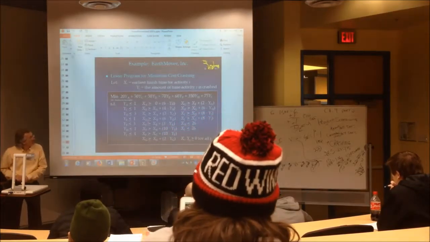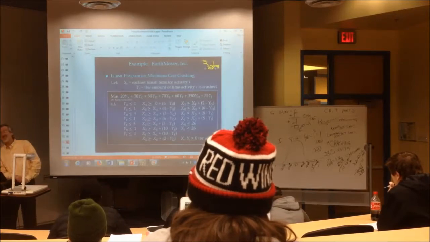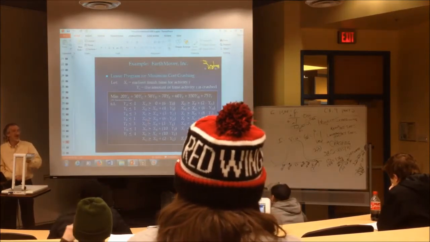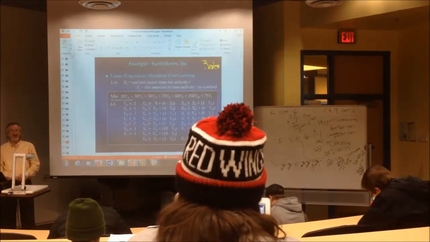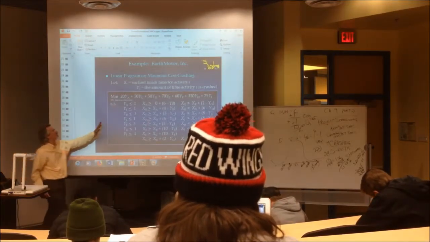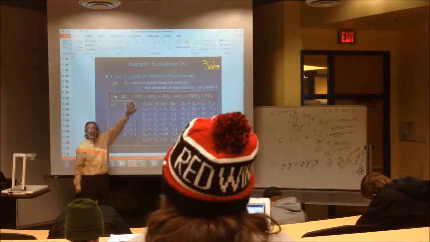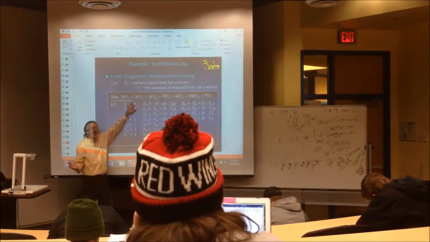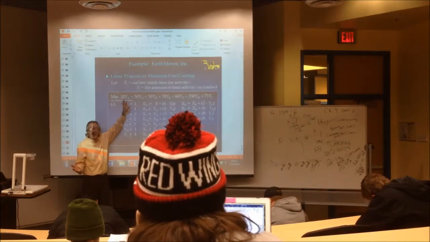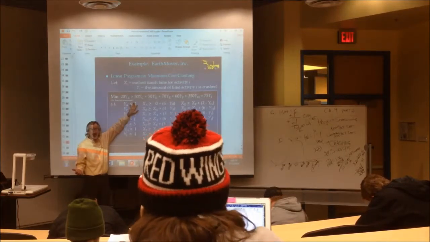And I want you to also notice that in the objective function are only the Y variables. Everybody hear that? This is really one of the first mistakes students will make. They'll write the objective function using the X variables because every problem we've had before this has used X variables. But crashing uses Y variables.